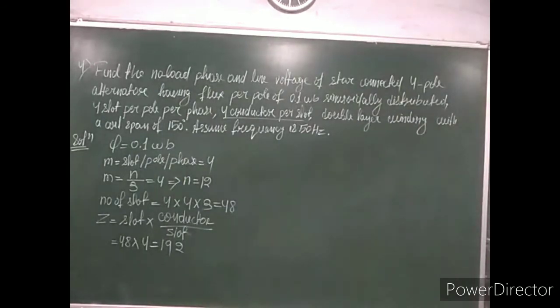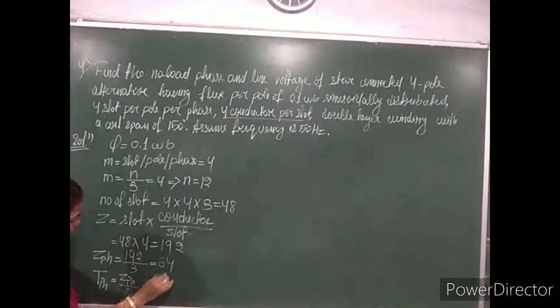Next we find number of conductors per phase. Number of conductors per phase is equal to 192 by 3, that is 64. Then number of turns per phase is Z phase by 2, that is 64 by 2, which gives 32.